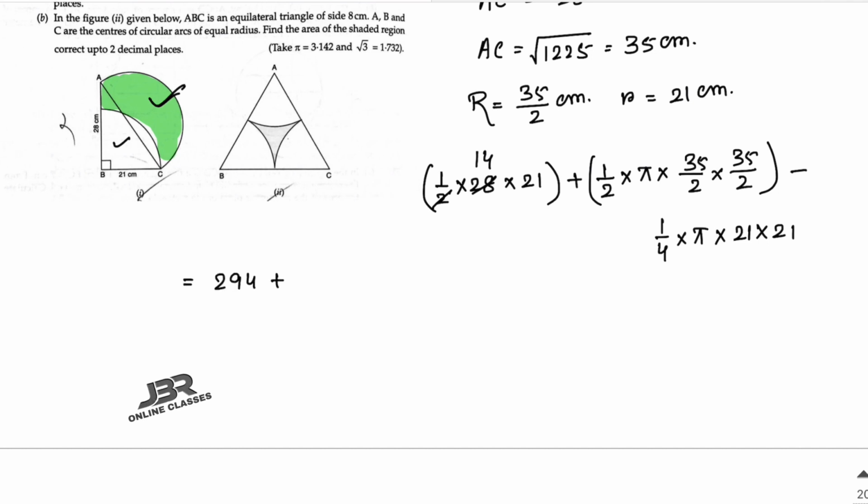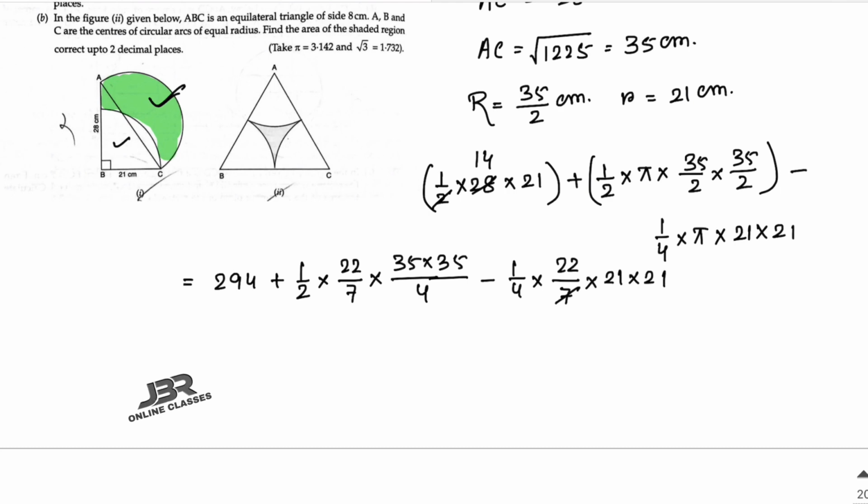The next one here, half into 22 by 7, here 35 into 35, and here 4, then subtract 1 by 4, 22 by 7, here 21 into 21, 7 cancel out with this one, here it's 11, and that one equal to 2, here also it's 5, here it's 11.